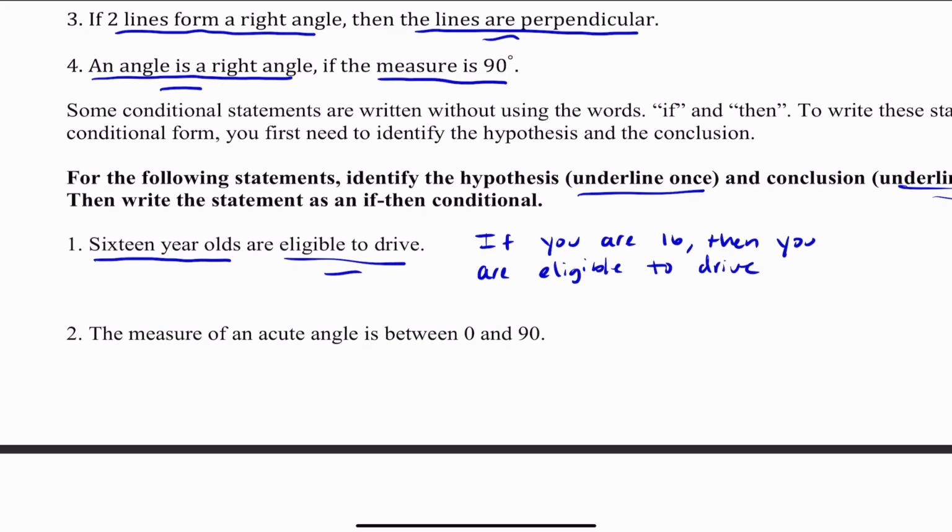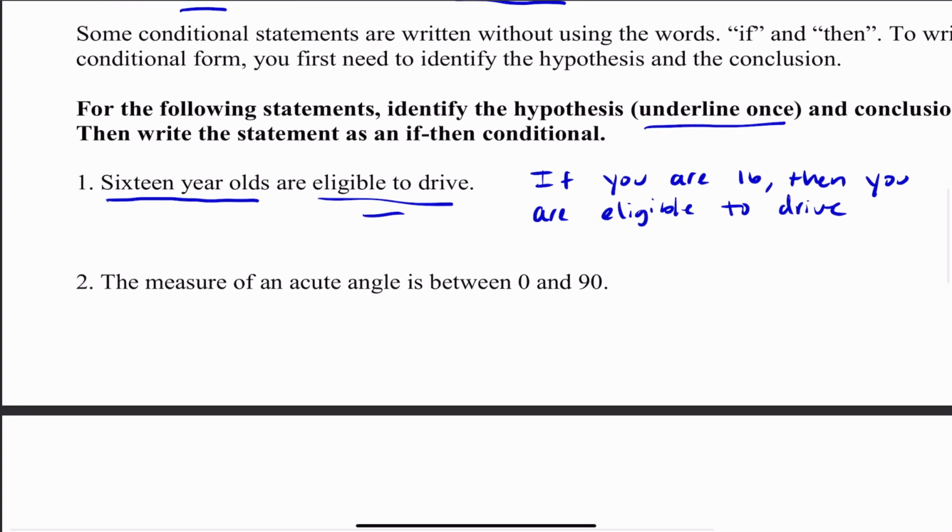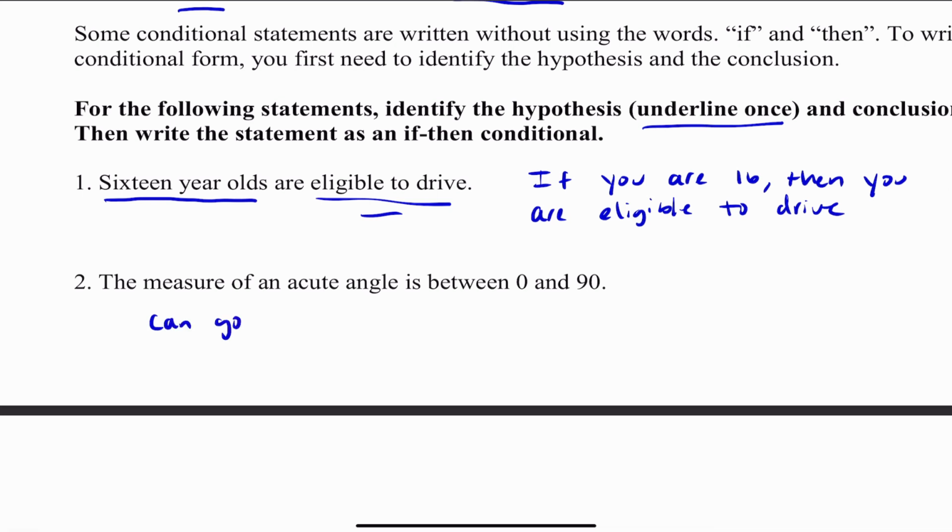So it goes either way, which we will call a biconditional. So let's write that down. It can go either way, since it is a definition. So really, both can be the if and both can be the then.